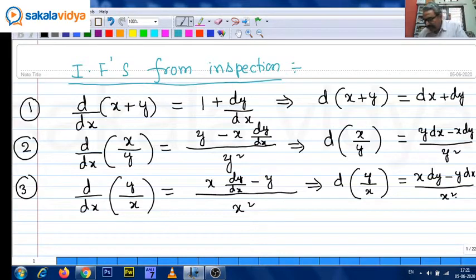Actually these are called integrating factors by inspection. Multiplying dx, the dx cancels. Okay, you can leave, no problem.